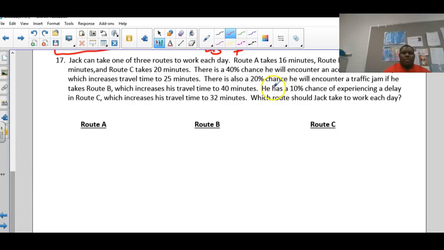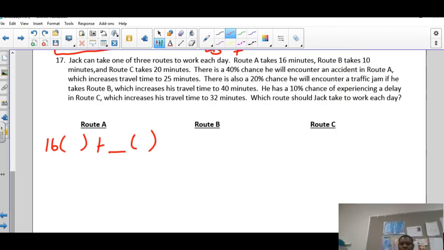Jack can have 3 routes to work each day. Route A takes 16 minutes. Guys, I always put the parentheses right here, because I know I'm going to need them. So I'm just going to look at route A. Route A takes 16 minutes, route B takes 10 minutes, route C takes 20 minutes.